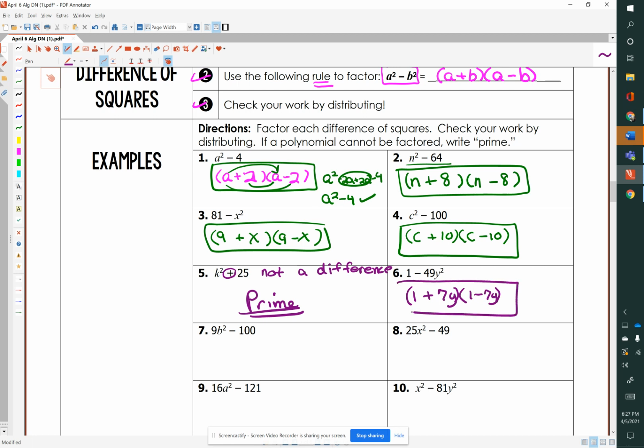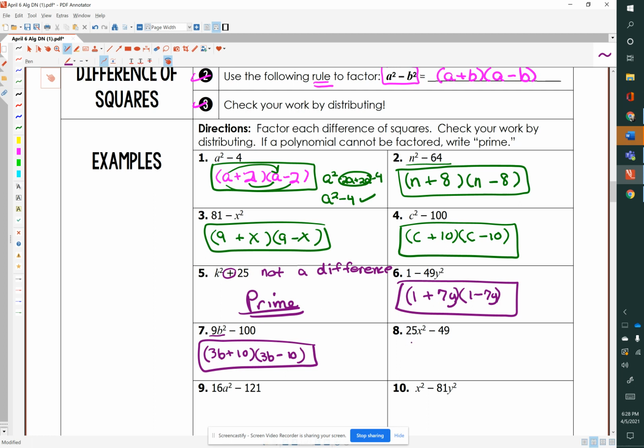And that's our final answer. And number 7, we have 9b squared, so that would be 3b. And 100 is 10 times 10. So you got to have each term has to be a perfect square.